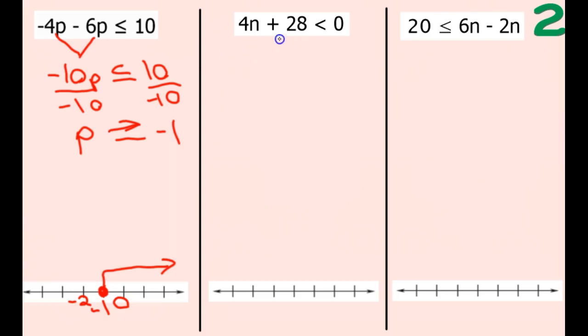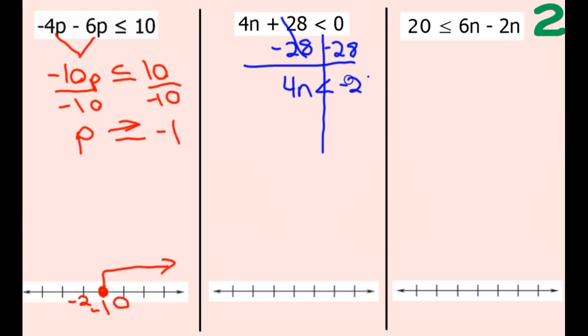Next one, our first step is to get rid of this 28, so we subtract 28 from both sides. What we have left is 4n is less than negative 28.